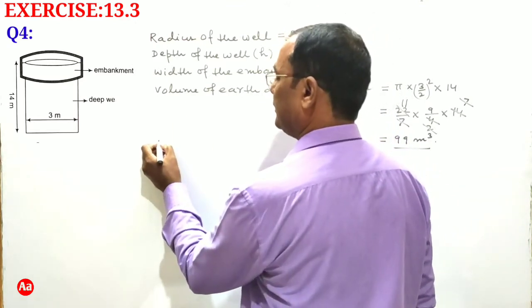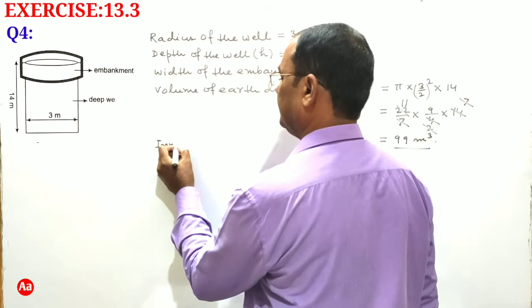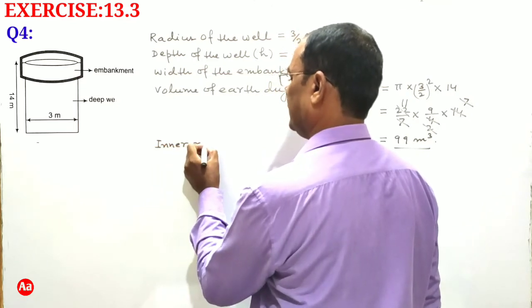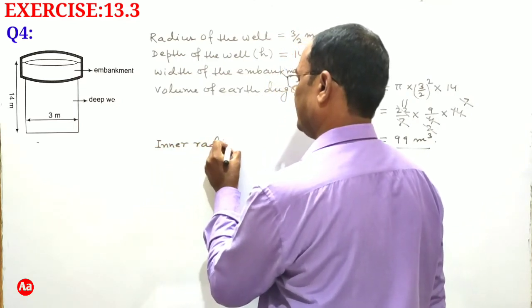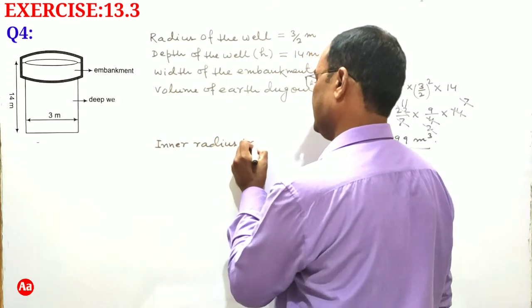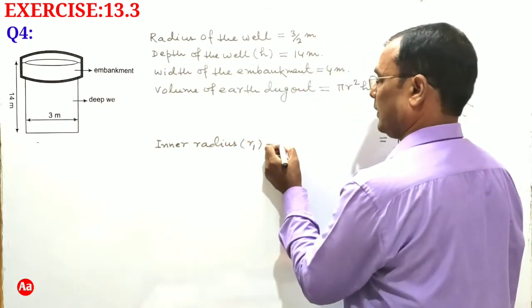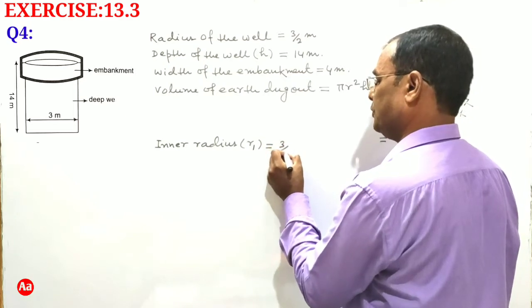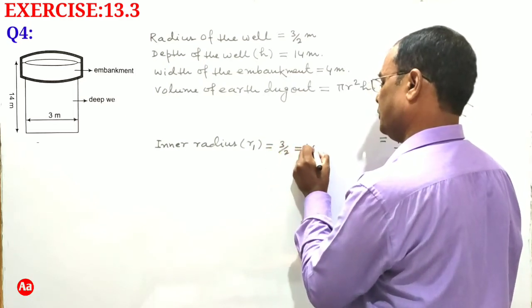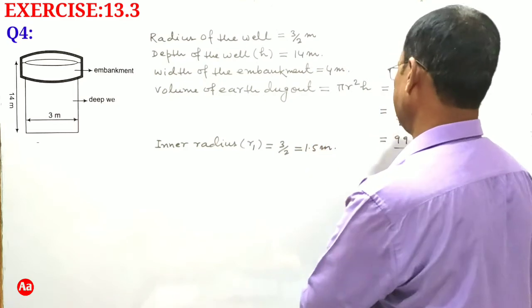So inner radius of the embankment, let's write it R1. Inner radius 3 by 2, that is 1.5 meter.